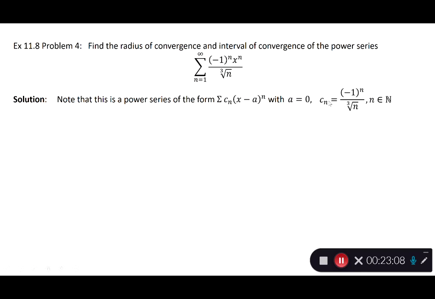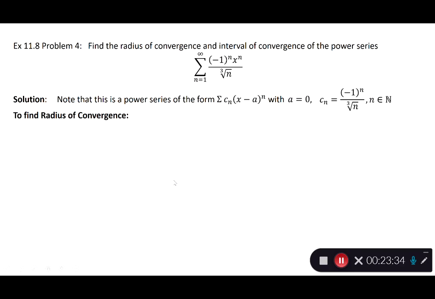Can I ask you what c sub 0 is? Think about it. C sub 0 is actually 0. There is no constant in this. When you plug in n equals 1 to get the first term, you already have an x to the 1. So there is no constant at all. So c sub 0 must be 0.